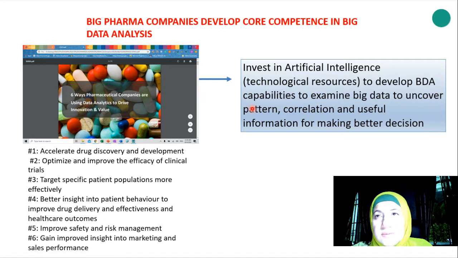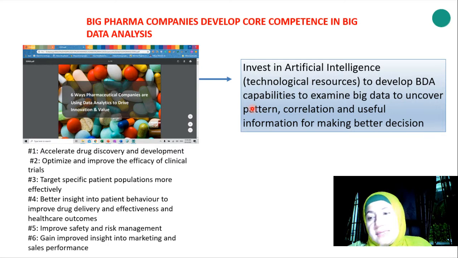One is to help them discover and develop drugs at an accelerated pace. They can also utilize more and improve the efficacy of their clinical trials. They can identify specific patient populations more effectively.